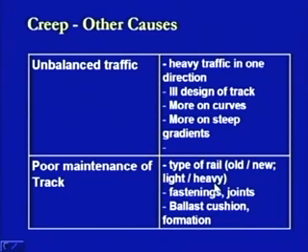All of these factors, like the fastenings, the joints, the ballast cushions or the formation, are going to create an effect on the stability and stiffness of the track. So, if the track is not maintained properly, then obviously it is going to create an effect in terms of creep.